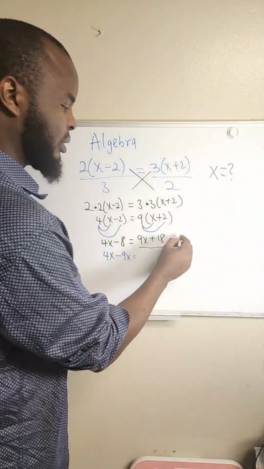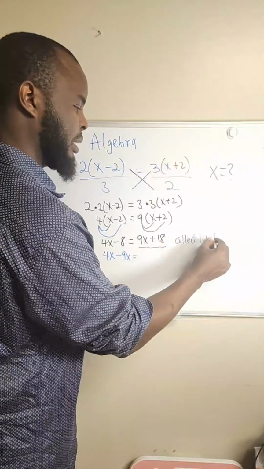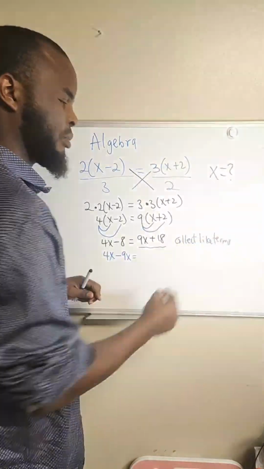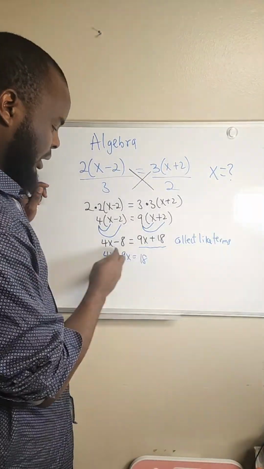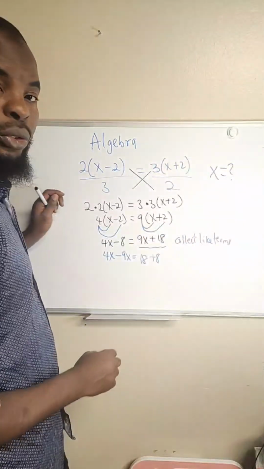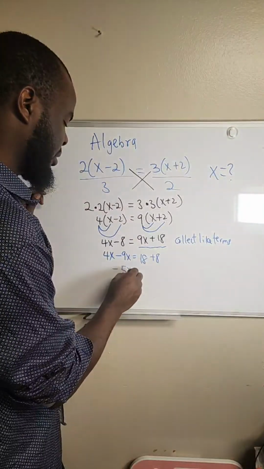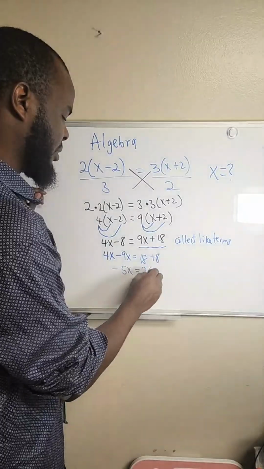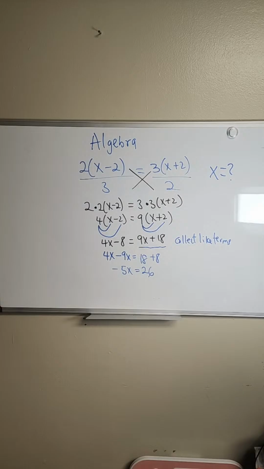This is called collection of like terms. So here we have 18. If this is going to the right, it is changing position, so the sign is going to change also. So here we have negative 5x equals 26. So what is the next thing to do from here to get our x? Here we have negative 5x is equal to 26.